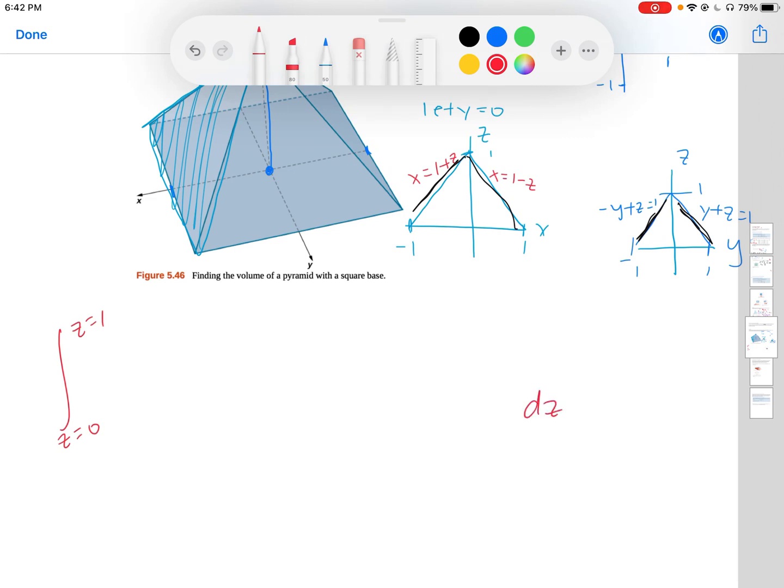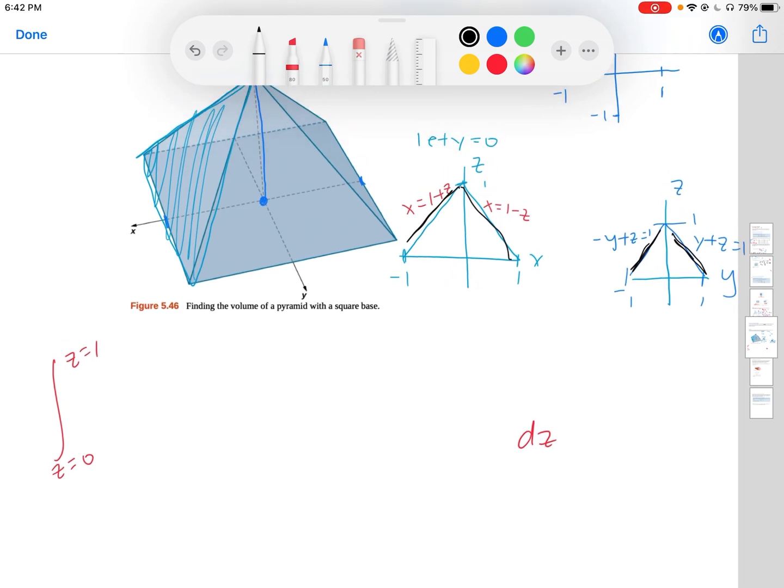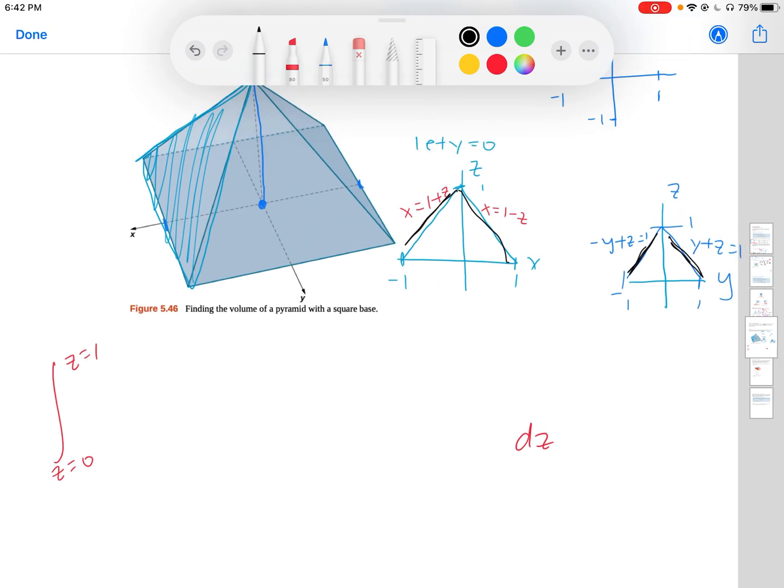Now we're left to choose our bounds for x and y. So for y we have 1 minus z and 1 plus z. And for x we have 1 minus z and 1 plus z. And we set up our integral.